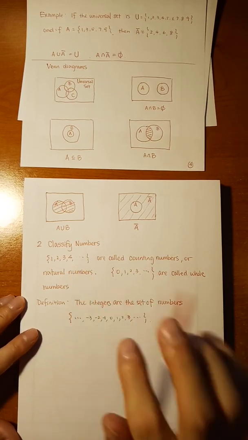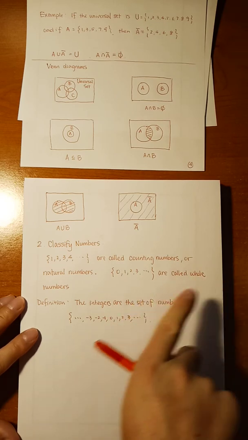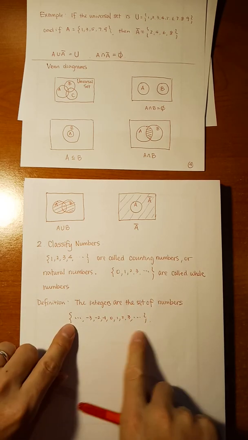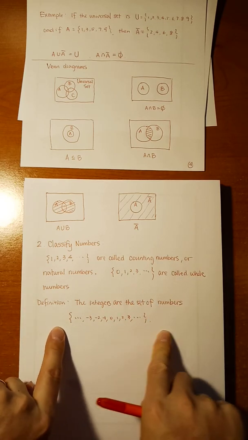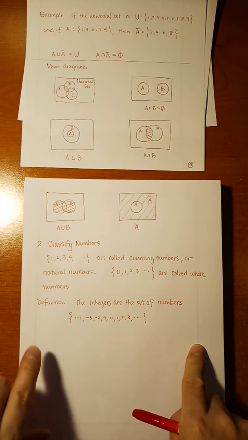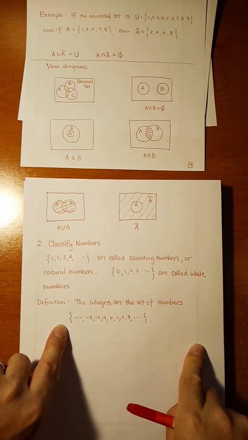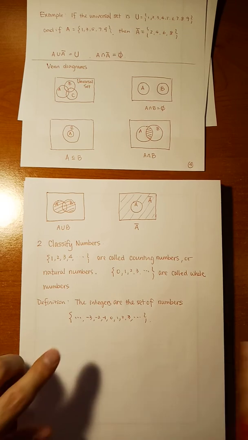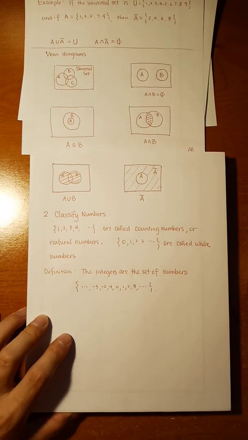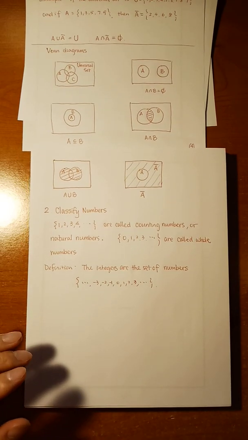Counting numbers or natural numbers have one infinite end, but integers have two infinite ends. It is infinite for the negative part, and it is also infinite for the positive part.